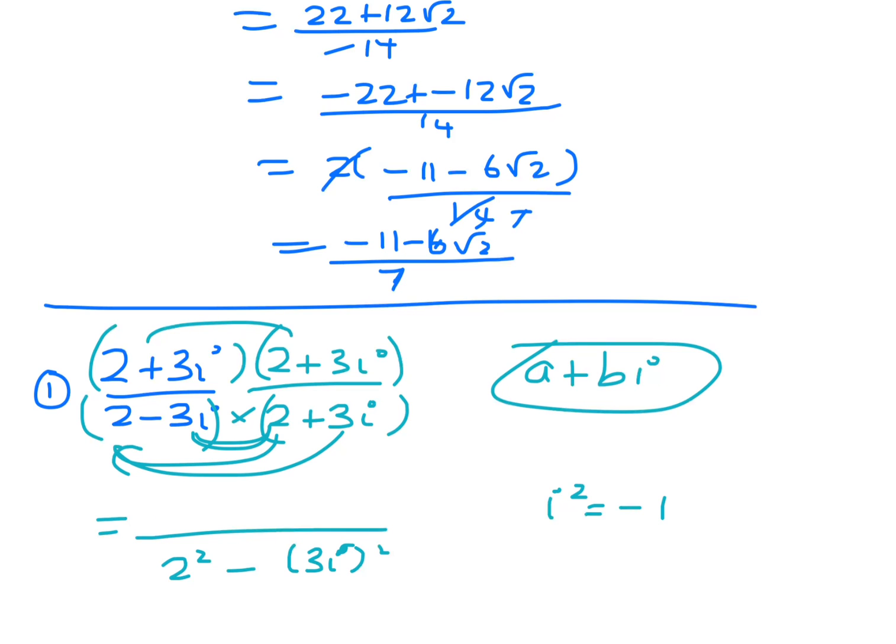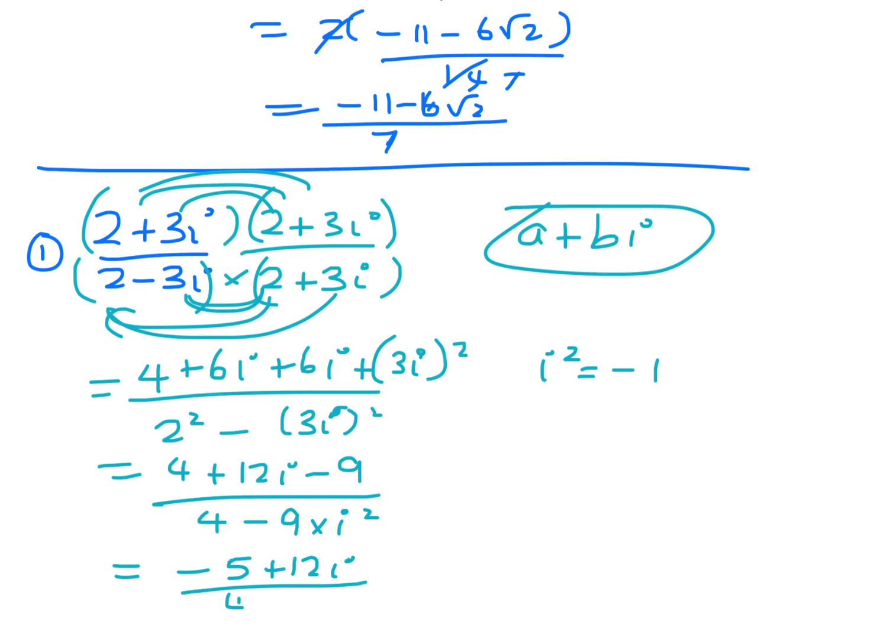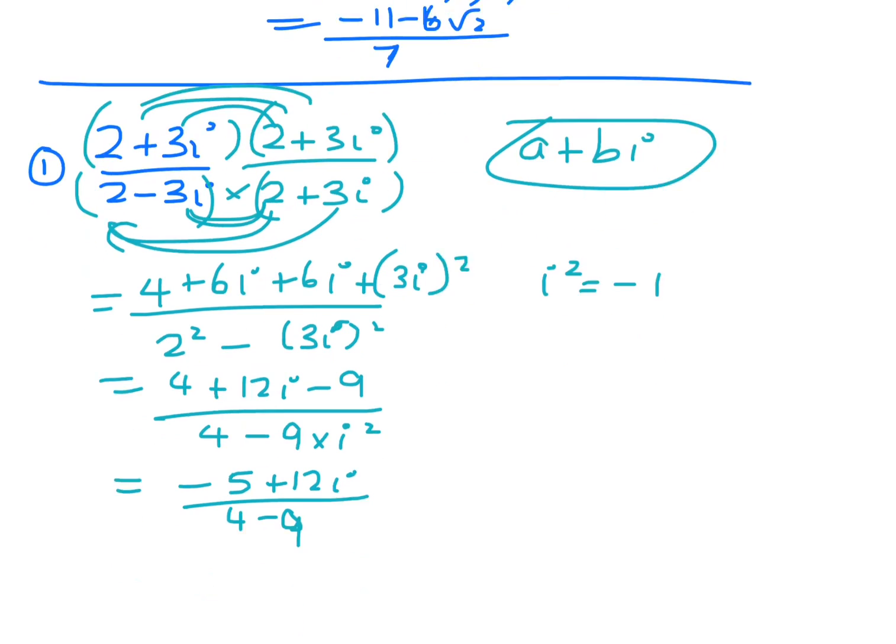So on the top you have 2 twos are 4, plus 6i, it's just a perfect square, plus 6i plus 3i squared. So it'll be 4 plus 12i minus 9 over 4 minus 9 times i squared. I squared's minus 1. 4 minus 9 is minus 5 plus 12i, and on the bottom you get 4 minus 9.